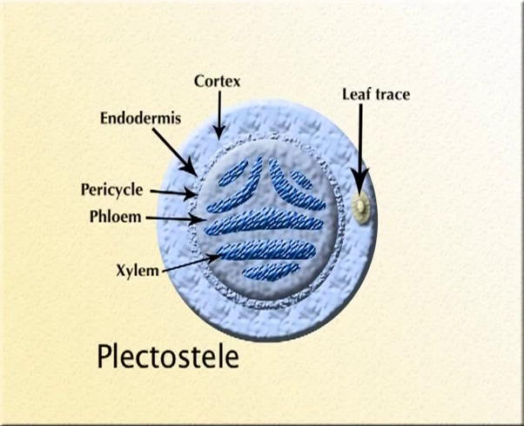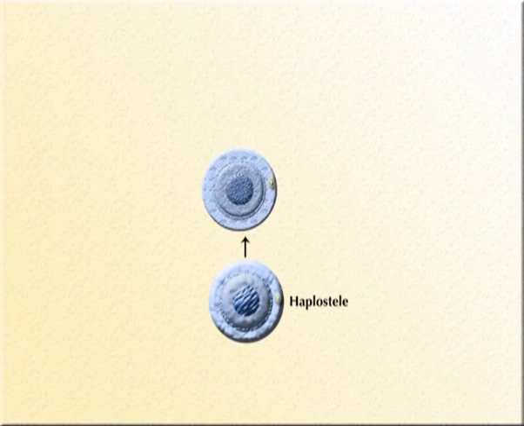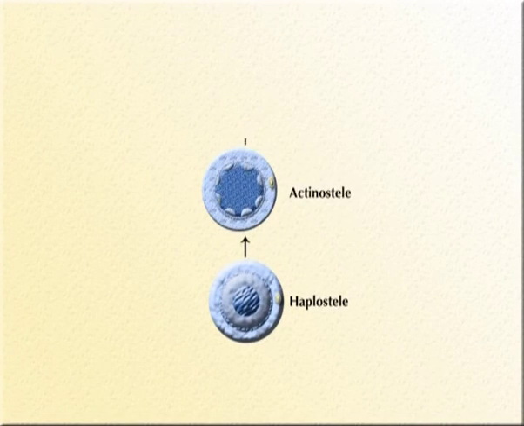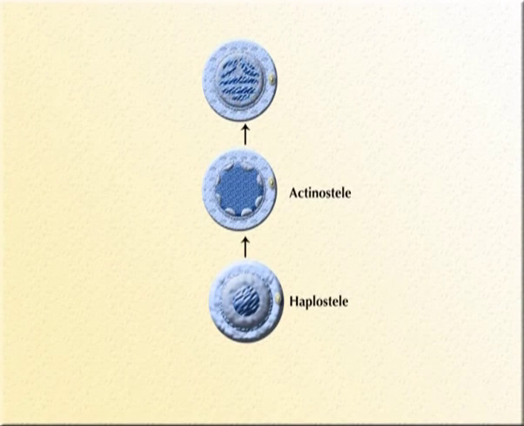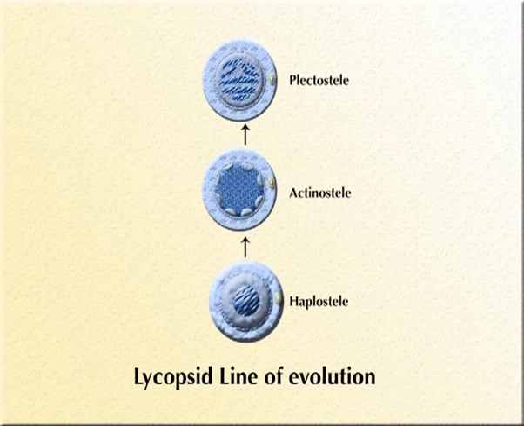Such a modification is called plectostele. It is found in some species of Lycopodium. Haplostele to actinostele and then to plectostele is considered to be one line of evolution of the protostele. It is regarded as the Lycopsid line of evolution.